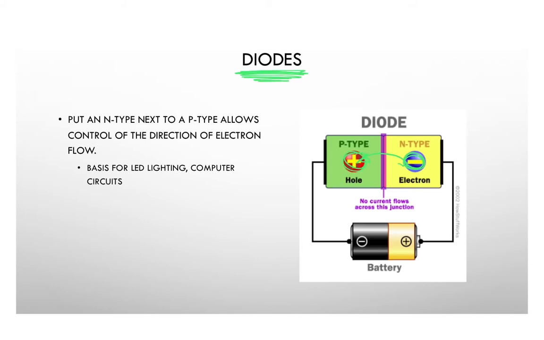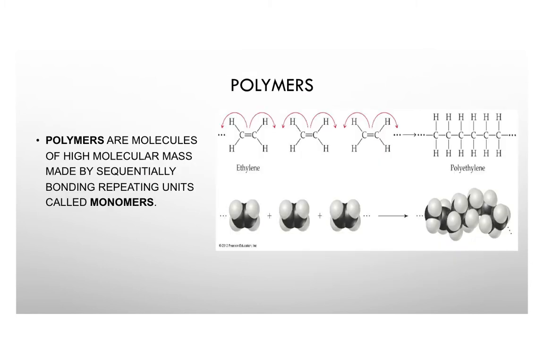You can't really make current flow across that by itself, but if you attach a battery to it, you can push those electrons across the junction and make the electrons travel just in one direction. This is the basis for things like LED lighting, which are all the rage in light bulbs, as well as computer circuits.